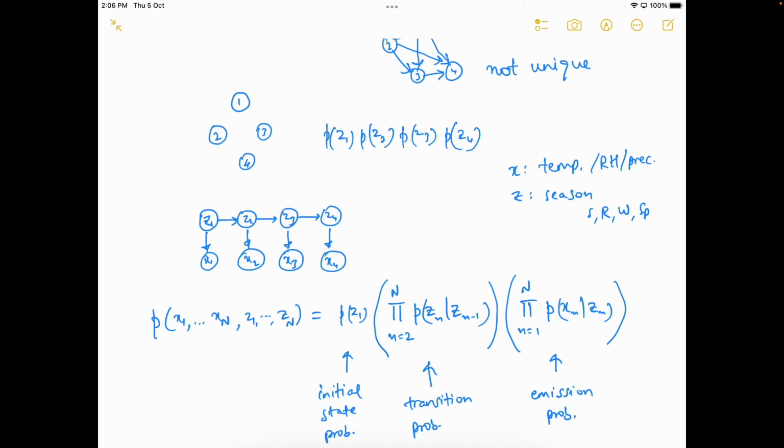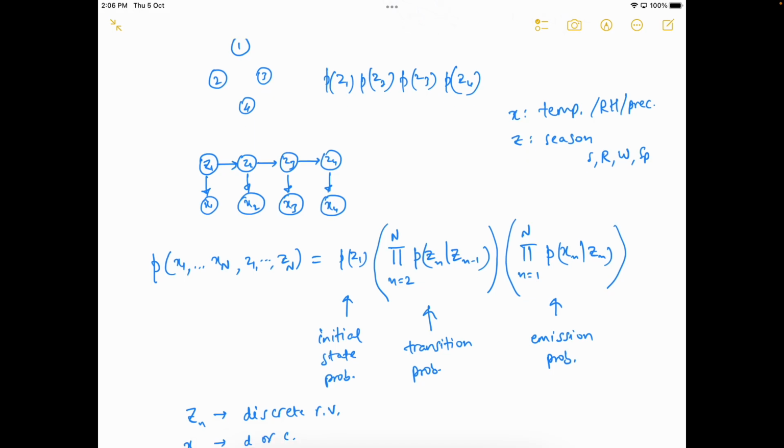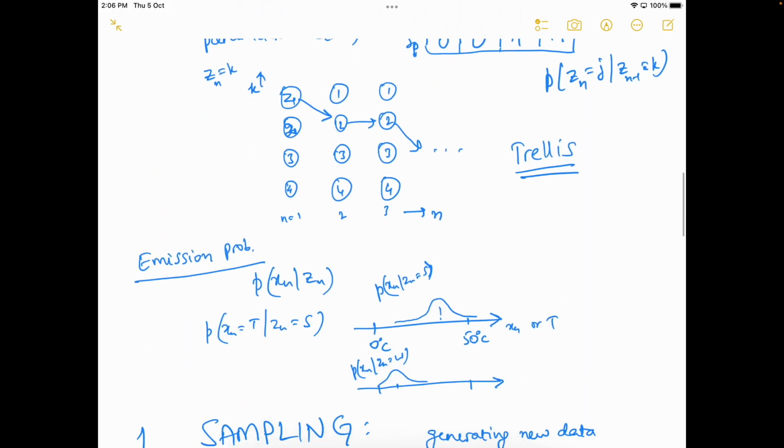So we saw 2 kinds of estimates, ML estimate and MAP estimate. ML estimate is maximum likelihood estimate, which means probability of the observed given the latent. And the other is MAP estimate, which means probability of what we want to find given everything else. So probability of Z4 given all the other random variables.